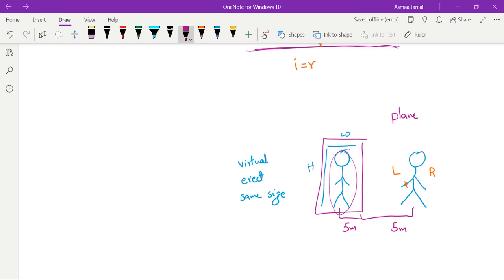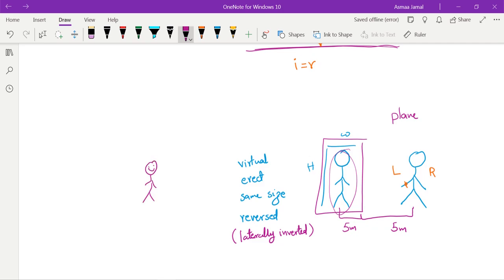The most important characteristic of the image formed by a plain mirror is that the image is reversed, or also we can say laterally inverted. What's that supposed to mean?